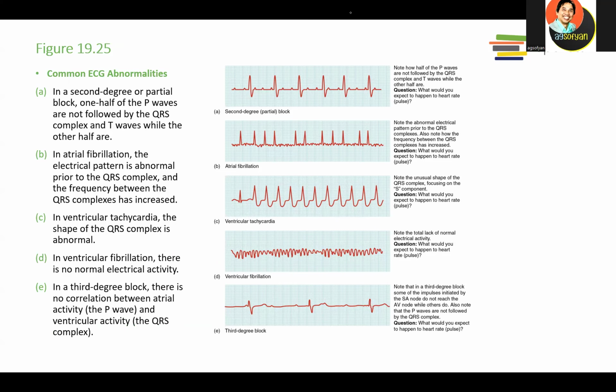If someone has an abnormality, it will show up in this EKG. This one tells us there is a block on some channel or circulation. And then this is slow. As we see, this one is a slower contraction.